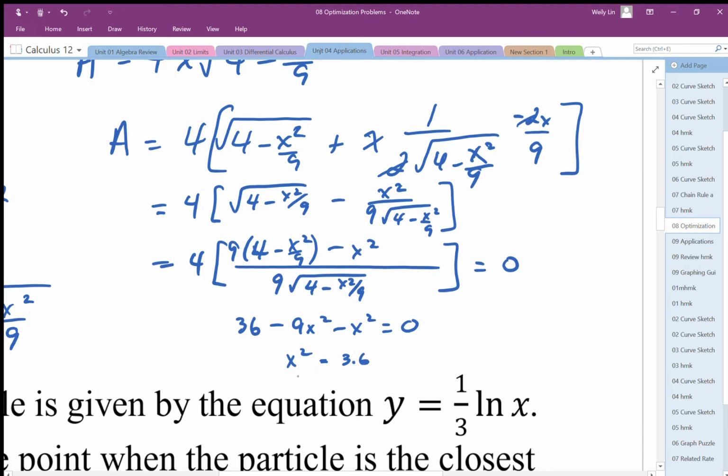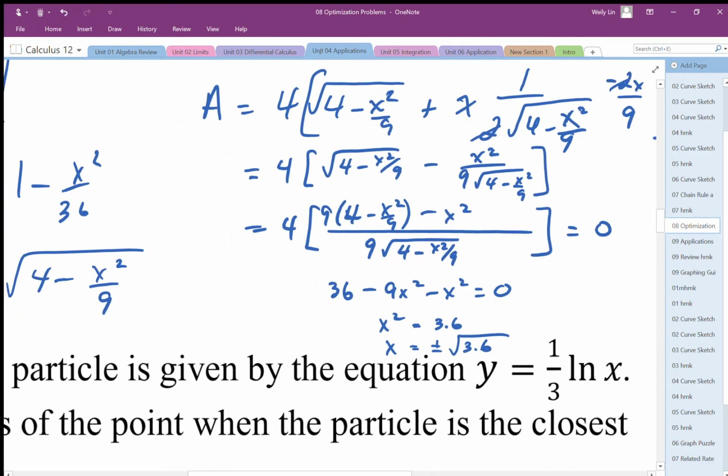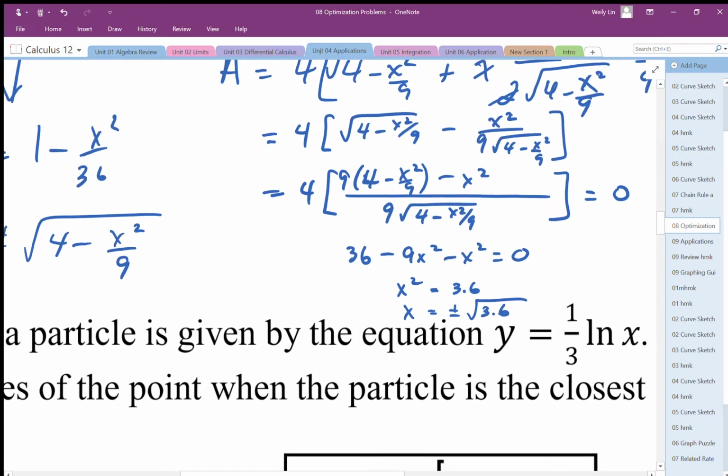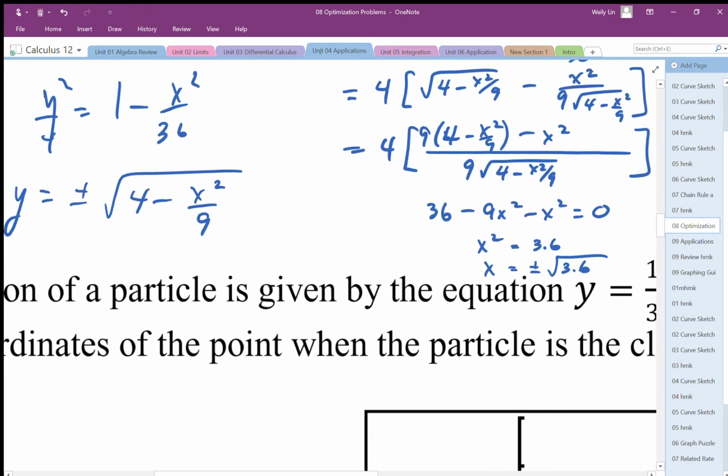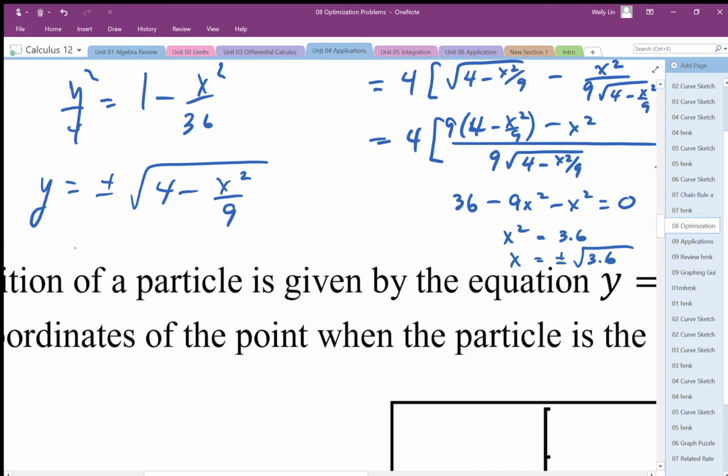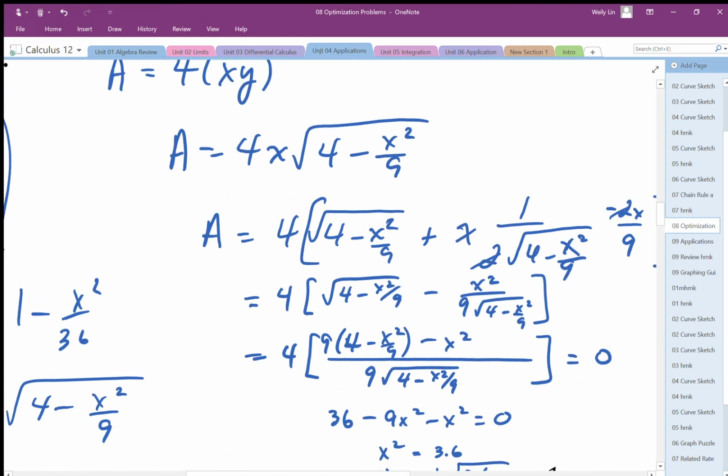When I solve that, x is equal to plus or minus the square root of 3.6. So that's the x value. That's going to give us the max. Plugging that back in, actually we don't need the y because I think we've written the equation in terms of x.